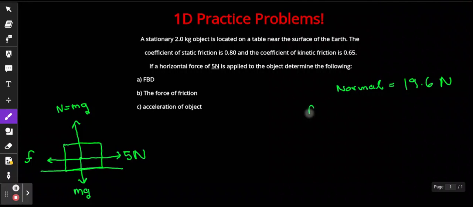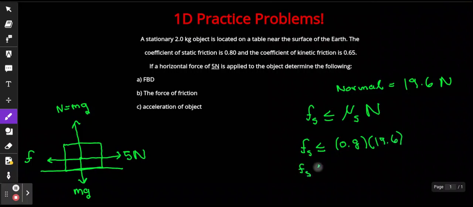Our static friction has to be less than or equal to the coefficient of static friction times the normal force. Thankfully, we have both of these. So our static friction has to be less than or equal to 0.8 times 19.6, which is 15.68 newtons.